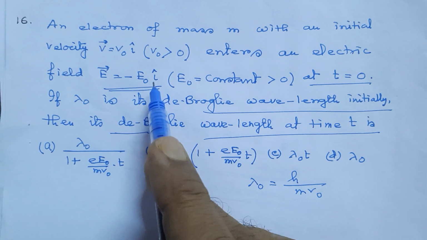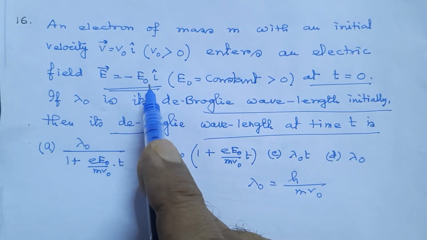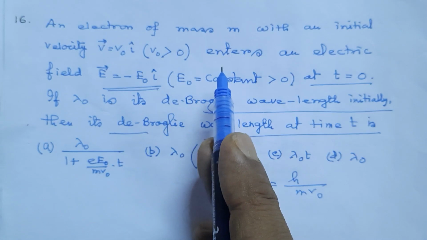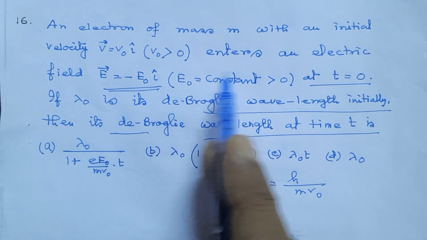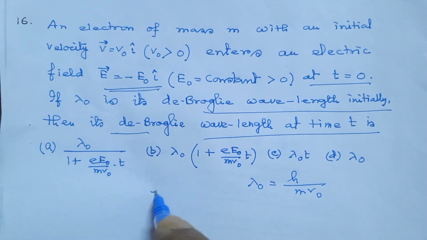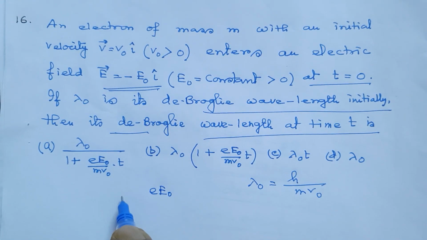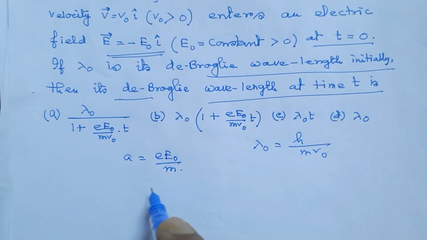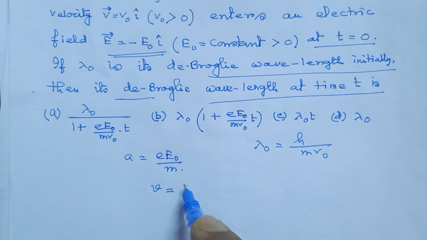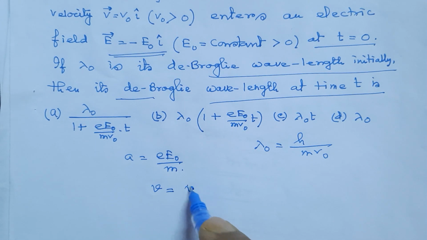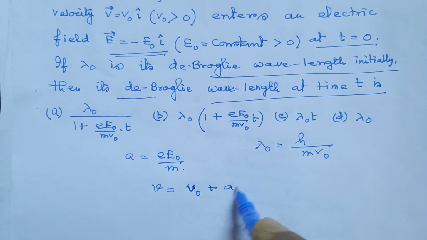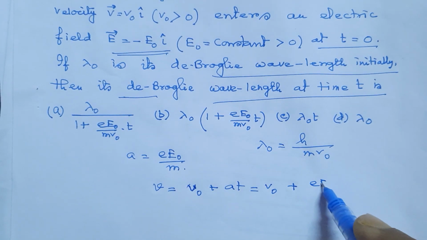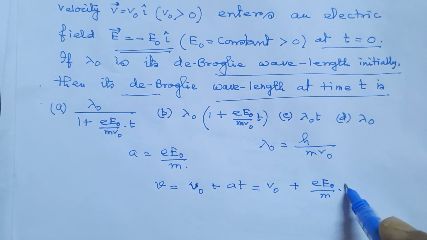Now, electrons are accelerated by the field, and as the charge of the electron is minus e, the force provided by the field on the electron is e into E0. So the acceleration is eE0 by m. So the velocity of the electron at time t is v0 plus at, that is v0 plus eE0 by m into t.